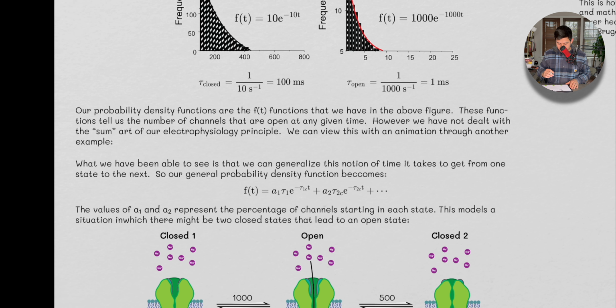Okay, so in that animation, what we were able to see was that initially there were a lot of proteins. All the proteins became activated, and then over time they began to close, and they follow this sort of stochastic behavior, right?